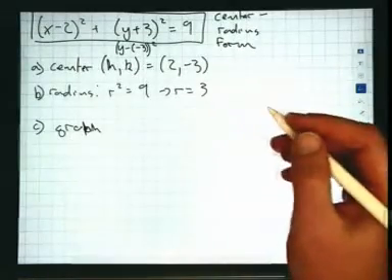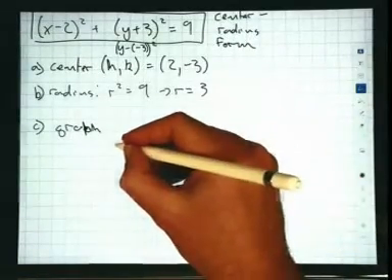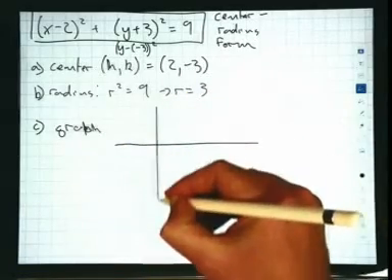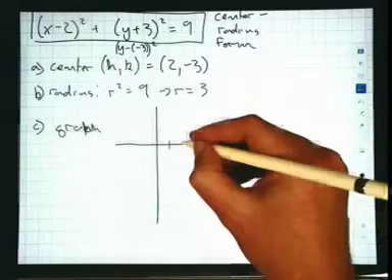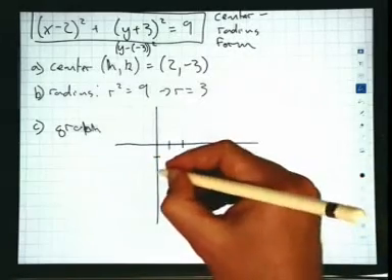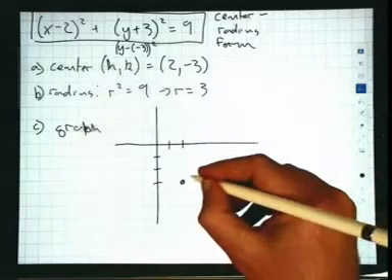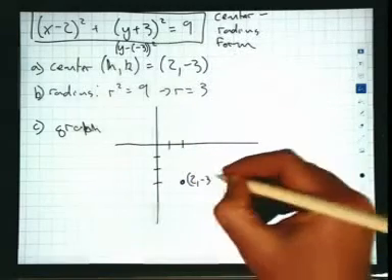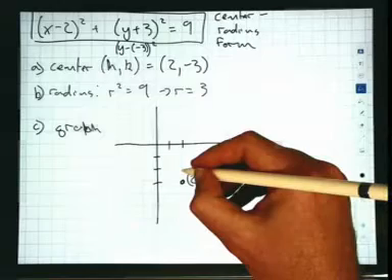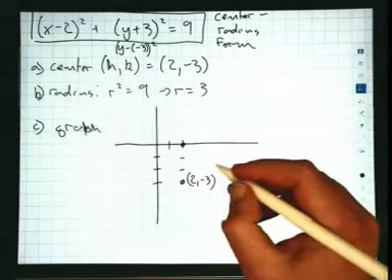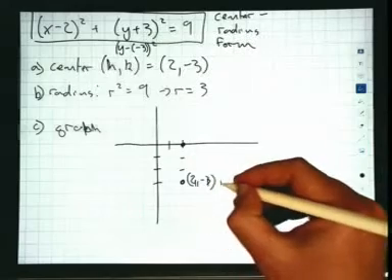Alright, so let's see, 2, negative 3. Let's graph this real quickly. I know I'm going above and beyond the review, but I'm trying to potentially capture other problems. So here's our center at 2, negative 3. Since our radius is 3, we're going to go up 3, 1, 2, 3. We're going to go to the right 3, 1, 2, 3.